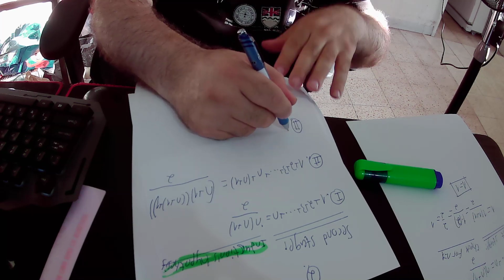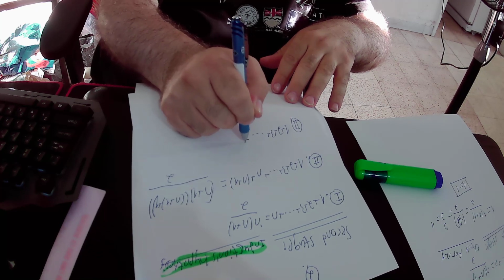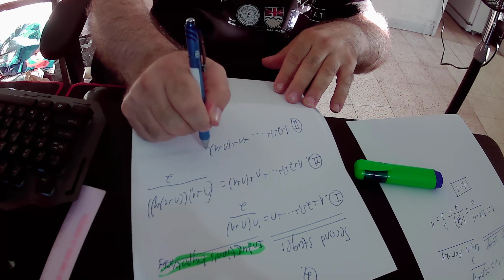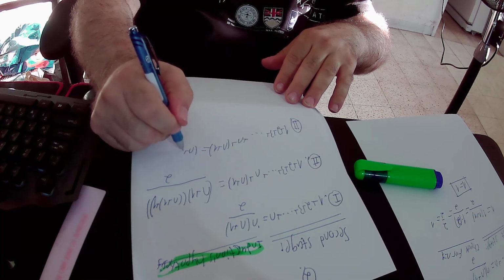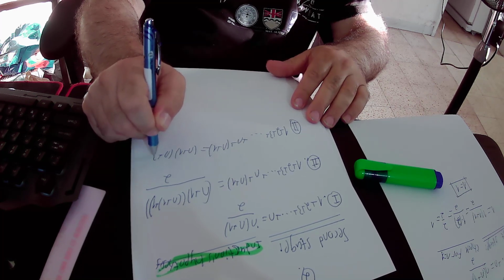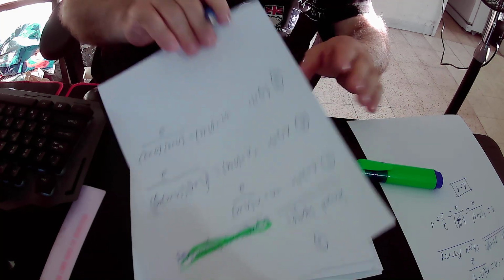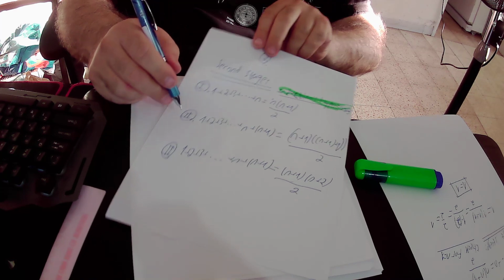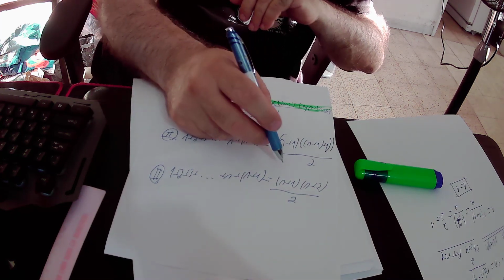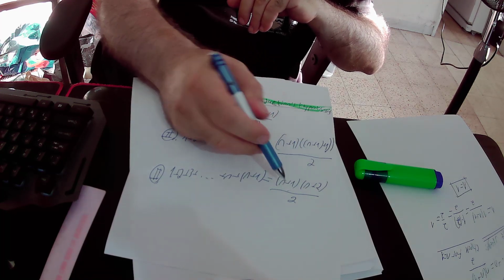So the expression that we have to prove for n plus 1 will be 1 plus 2 plus 3 plus n plus 1 equals n plus 1 times n plus 2, because n plus 1 plus 1 is n plus 2, all divided by 2.